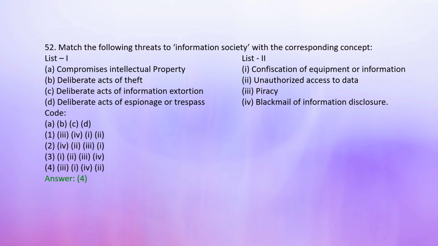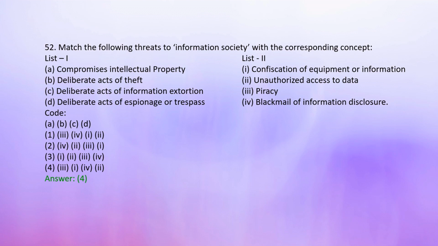Next, 52. List 1. Compromises intellectual property. List 2. Confiscation of equipment or information. List 1. Deliberate acts of theft, and list 2. Unauthorized access to data, and C. Deliberate acts of information extortion, and list 2.